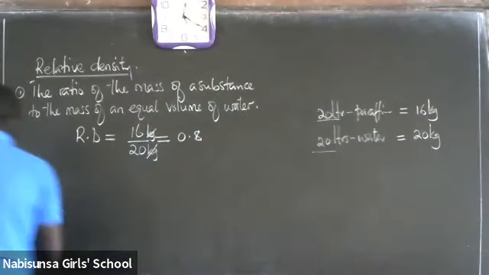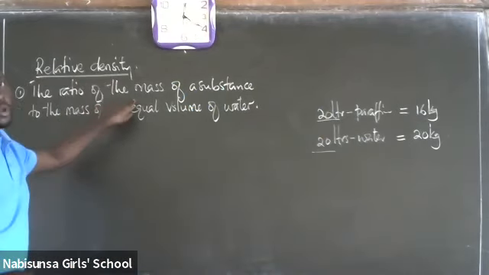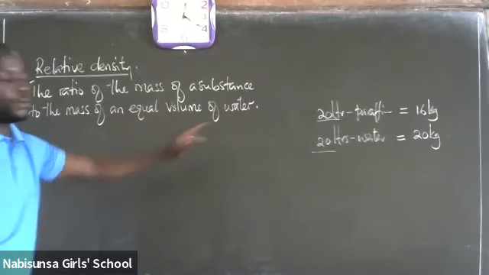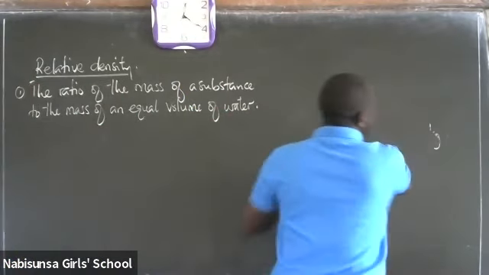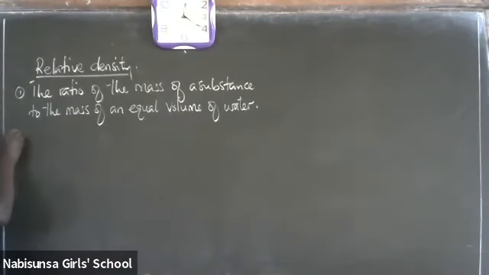What is that one again? For the previous one, we have understood what it means. I've given that example. Same volume, then we compare the masses. Hamid gives us another definition.